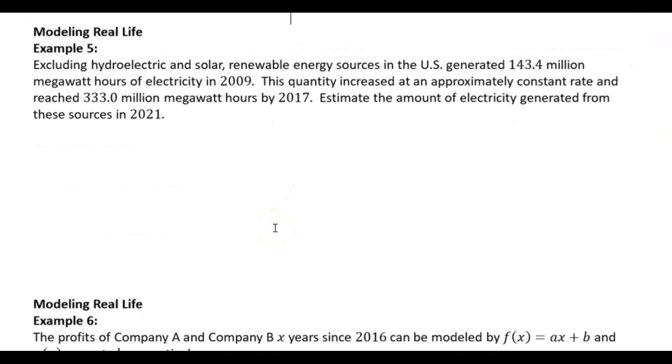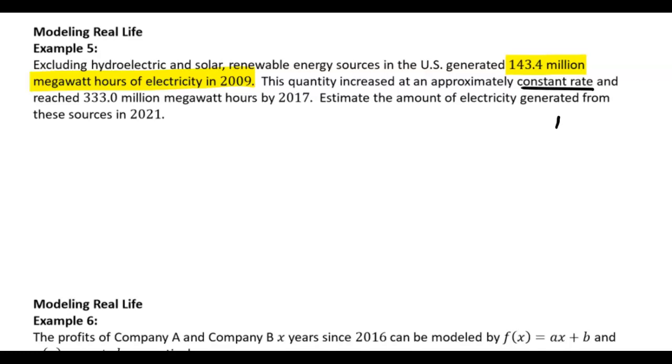Okay, so let's try this. This says, excluding hydroelectric and solar, renewable energy sources in the U.S. generated 143.4 million megawatt hours of electricity in 2009. So this number, 143.4, is how much electricity was produced in 2009. It says this quantity increased at an approximately constant rate.